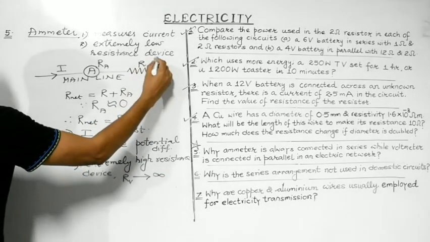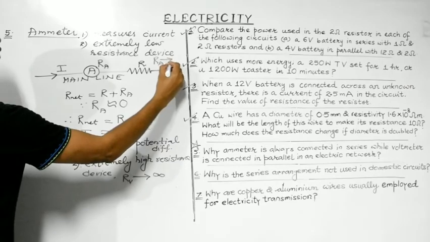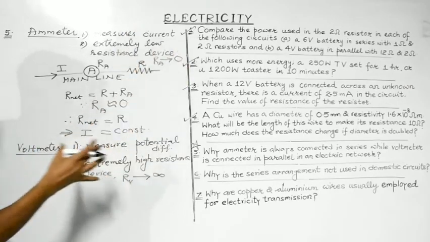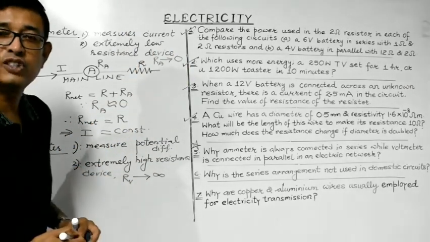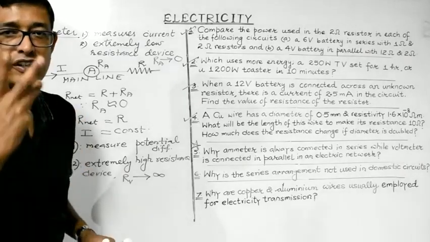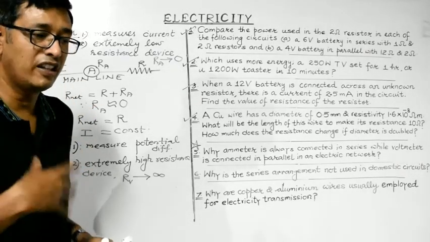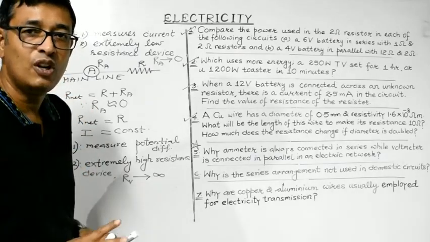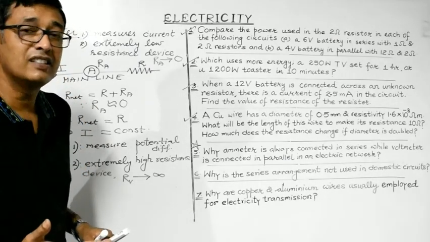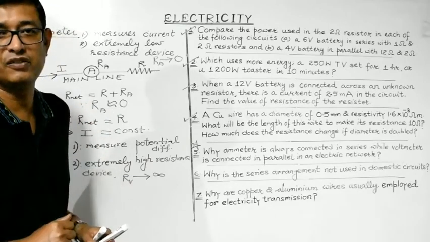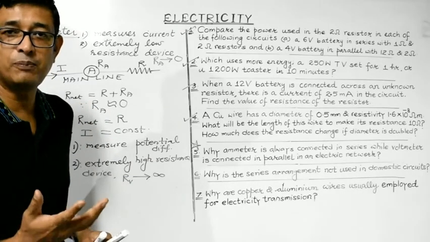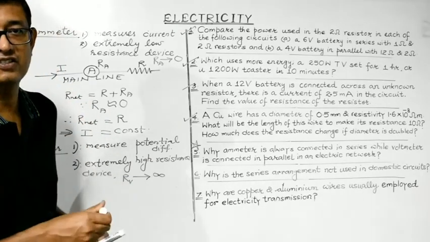The resistance of an ideal ammeter approaches 0. These are the basic fundamental points which you should be aware of. An ammeter is an extremely low resistance device. The resistance of an ideal ammeter is 0. While a voltmeter is an extremely high resistance device. An ideal voltmeter possesses infinite resistance, right?